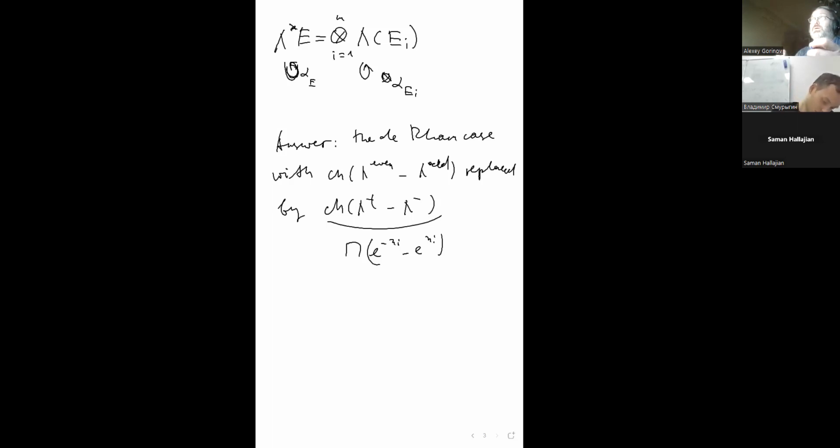Okay, now if there aren't any questions, then let's meet on Tuesday, and we'll talk about some more applications of the index theorem, and in particular, we'll hopefully prove the Riemann-Roch theorem for complex analytic manifolds, which is a particular case of the index theorem for the Dolbeault operator.